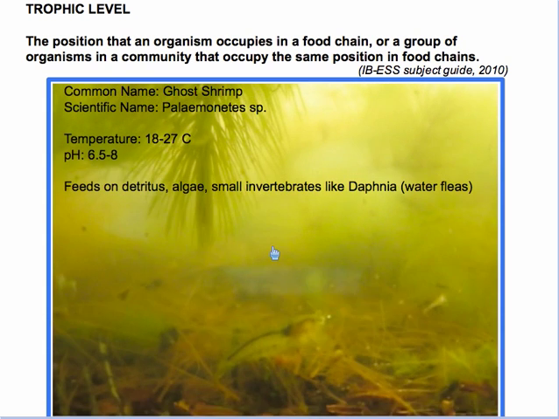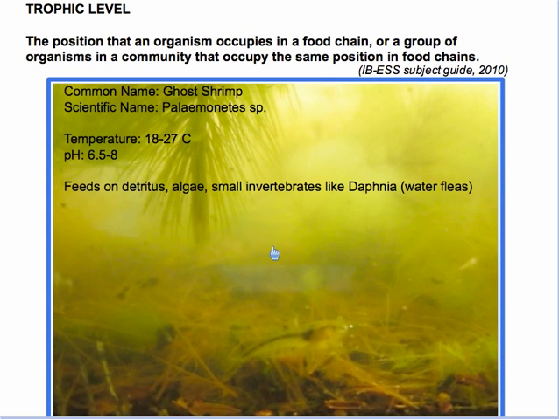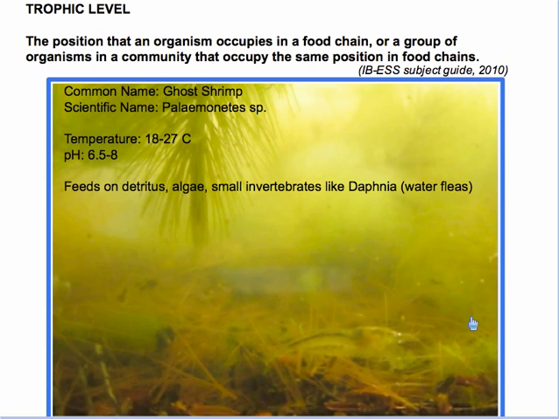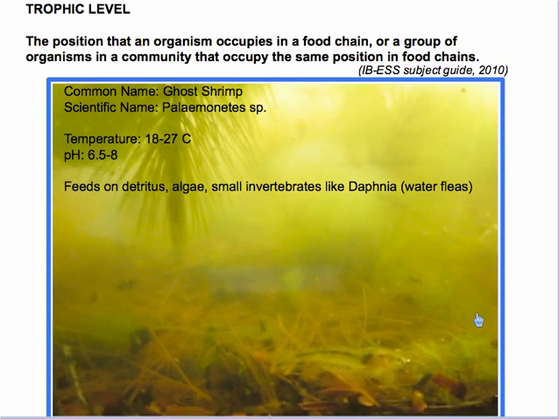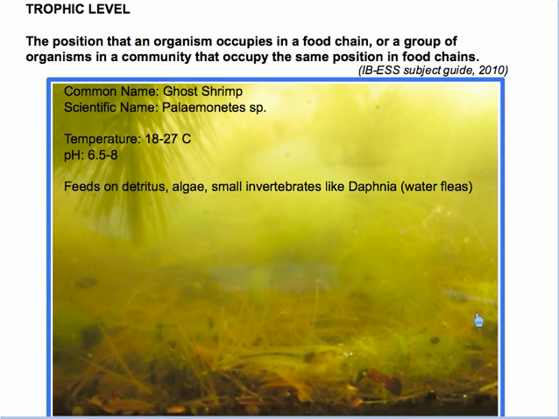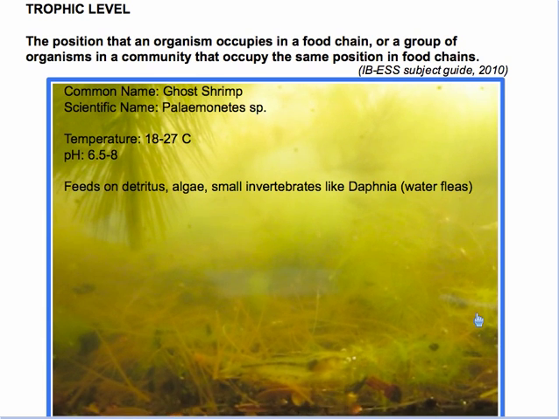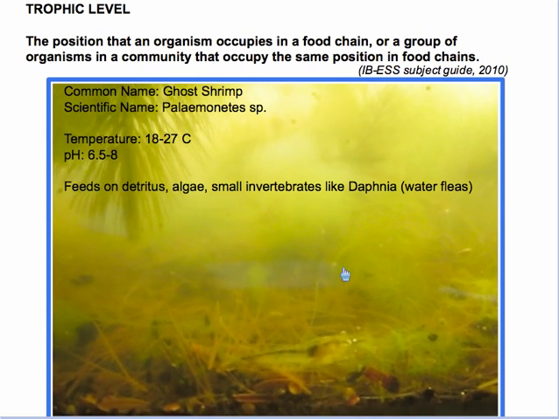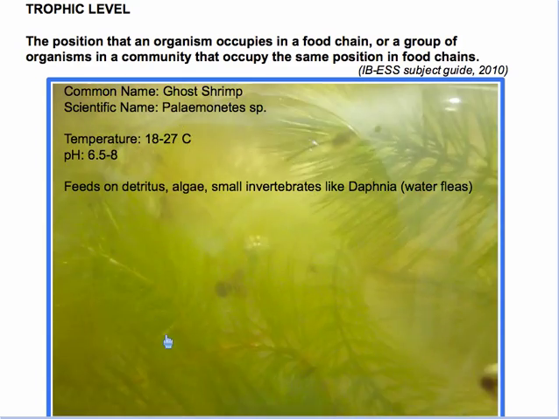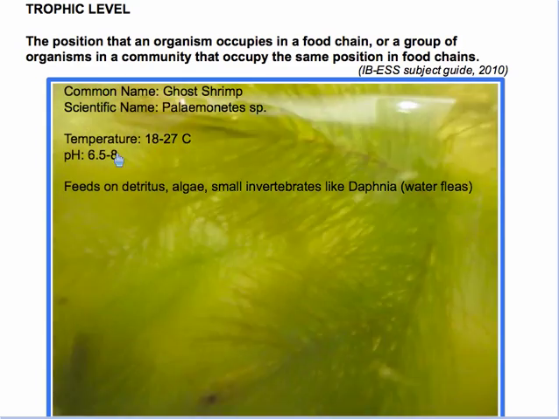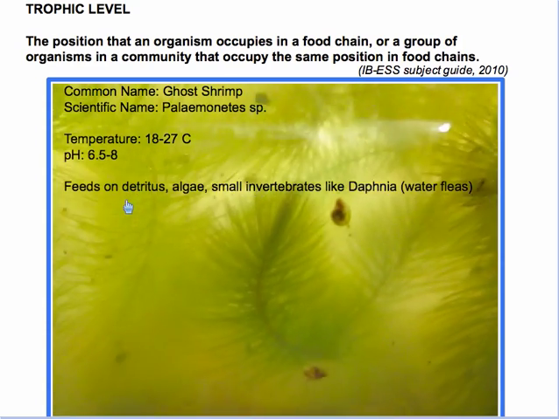Let's look at this clip here from our aquarium, and we can see that the ghost shrimp, scientific name Palaemonetes. Palaemonetes, we can't specify exactly what species it belongs to, so we give just the name of the genus. We realize that it requires a certain kind of temperature and pH to live in.